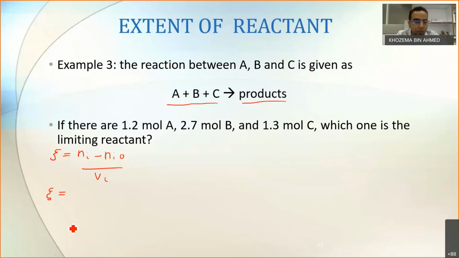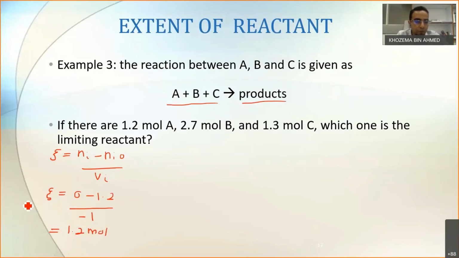So your final mole will be 0. 0 minus 1.2, where 1.2 is my starting value, divided by the stoichiometric coefficient for A, which is negative 1. So I will get an answer of 1.2 mole.